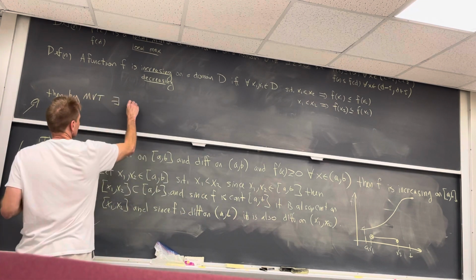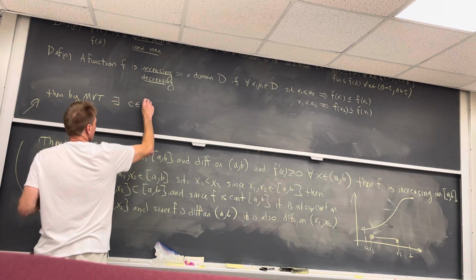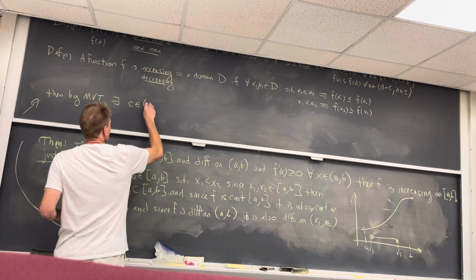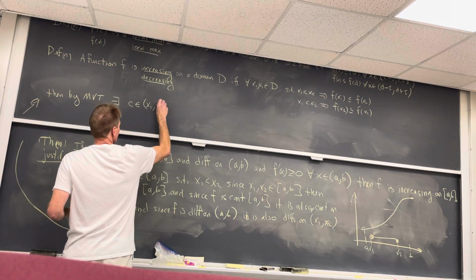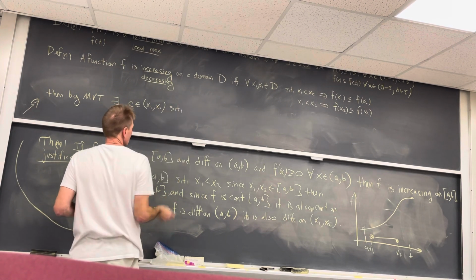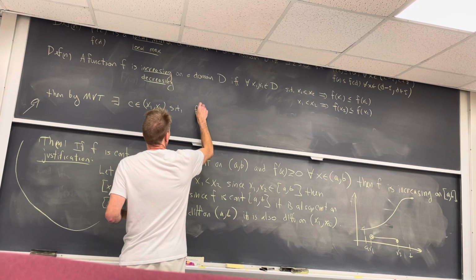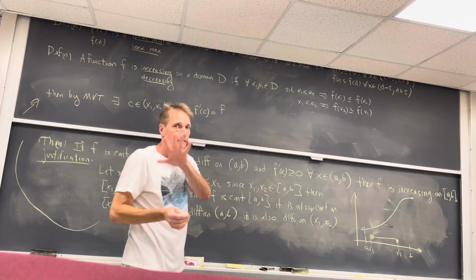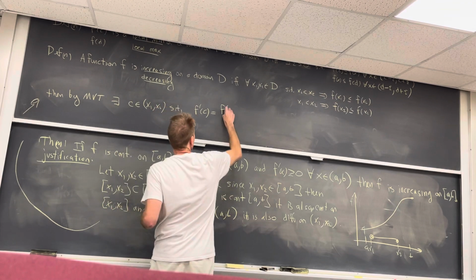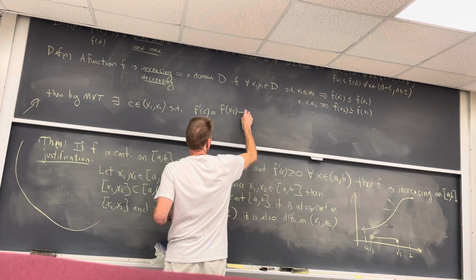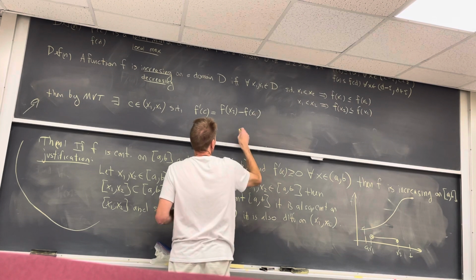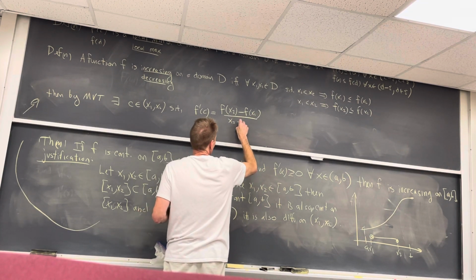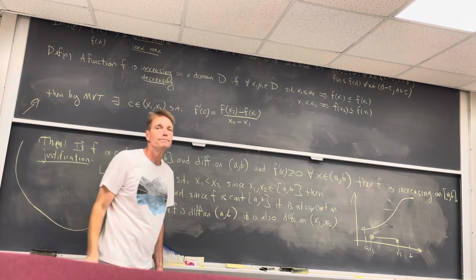There must exist a C in the open interval. Now it's not AB, it's x1, x2, such that f prime of C is equal to not f of B minus f of A, but f of x2 minus f of x1, and not over B minus A, but over x2 minus x1.